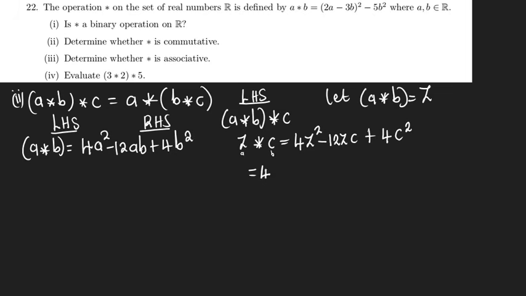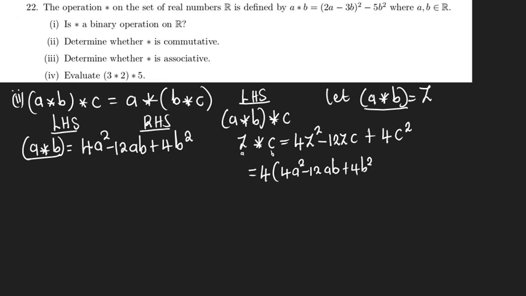So we can say 4, notice that Z, we equated Z to be equal to this, and this is equal to that equation there. So I can replace my equation, and I'm going to have 4A to the power 2 minus 12AB plus 4B power 2, like that.